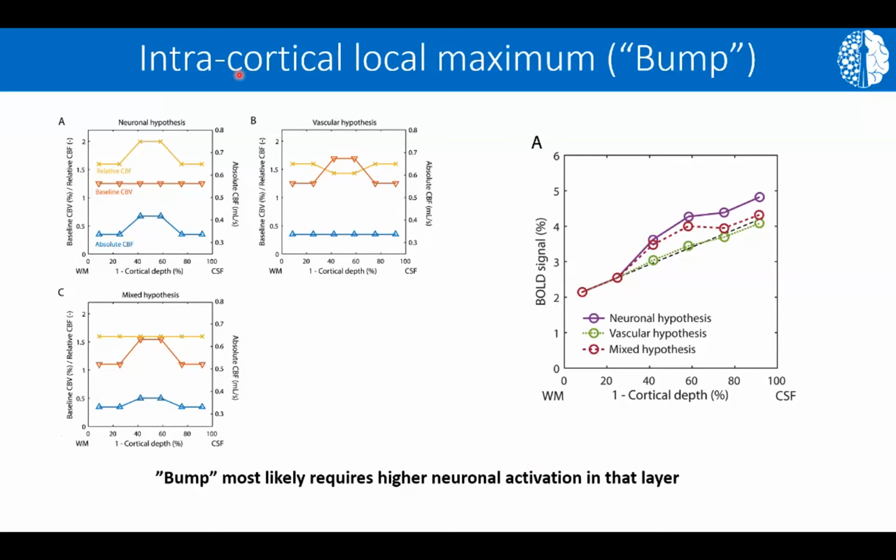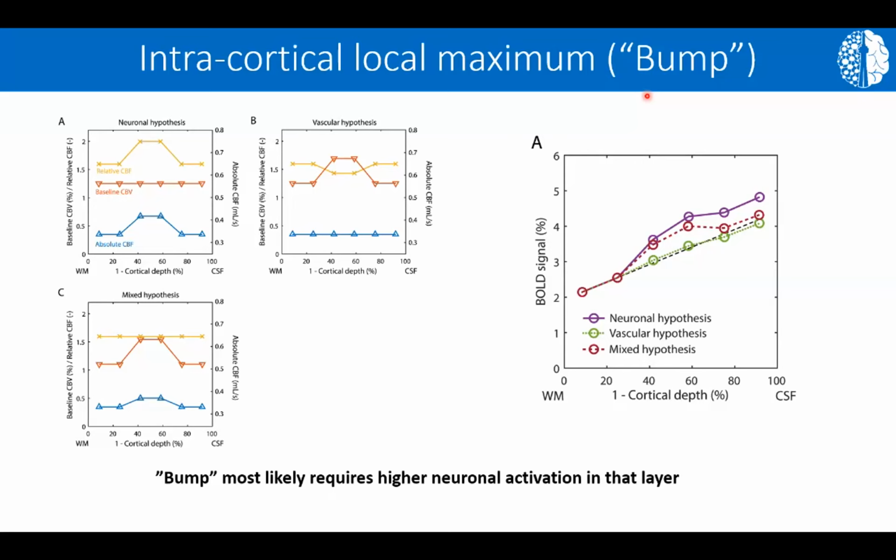The correct word would be intracortical local maximum, but it's a little bit too long, so bump is a little bit better. Which means what people have seen when they look at layer profiles, already the uncorrected one, they saw an increase, a local maximum in the middle. And there has been debate whether this local maximum is vascular or neuronal.